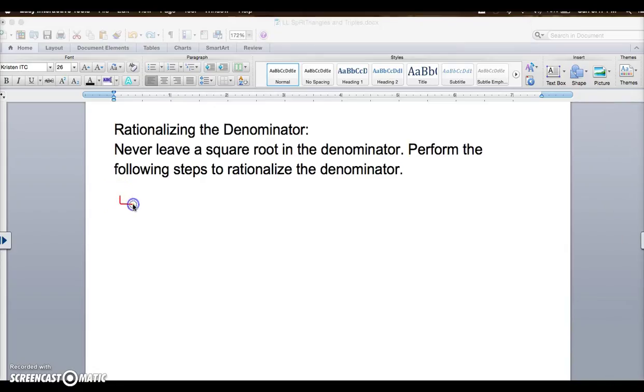So if you end up with a square root in the denominator, say if you have 4 divided by the square root of 3, then to rationalize it, you're going to multiply by whatever that denominator is over itself. So in this case, square root of 3 over the square root of 3. And then when you multiply, you get 4 times the square root of 3. Multiply this, you get the square root of 3 times the square root of 3, which is the square root of 9.